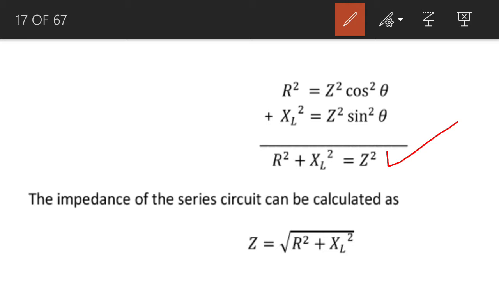So Z square will be equal to R square plus XL square, or Z will be equal to under root R square plus XL square. So we can calculate the impedance of this series circuit with the help of this particular equation.